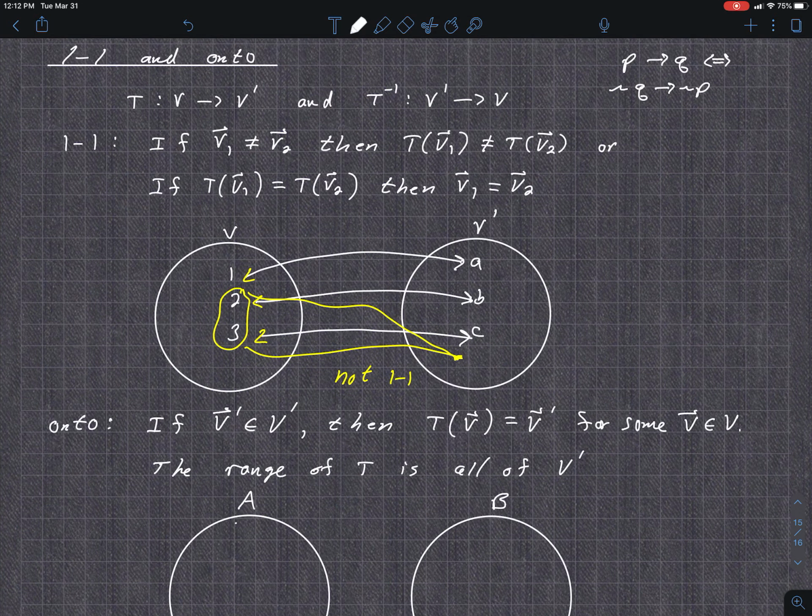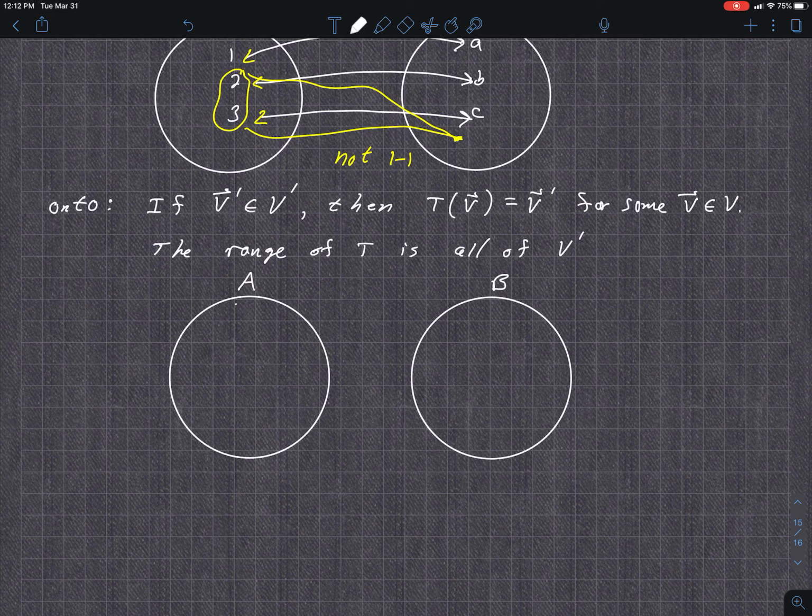The definitions of one-to-one and onto are true for any sort of function or mapping, so it'll go beyond just this course. Let's go over what the statement is. If v prime is in V prime, so we're putting a vector over here, it means there exists something in V that maps to it.